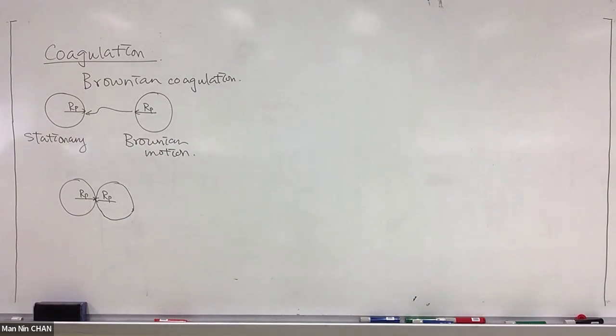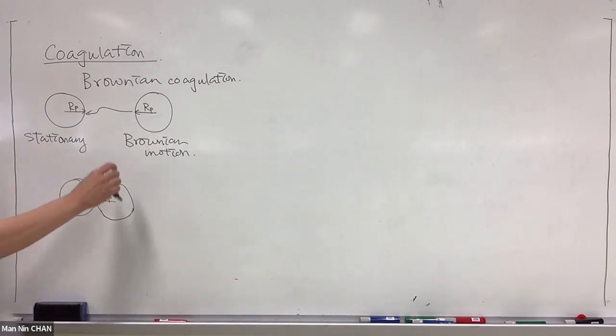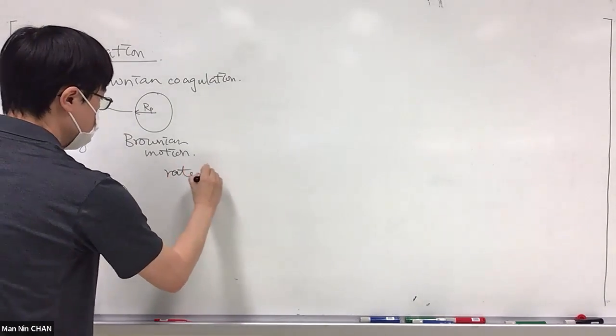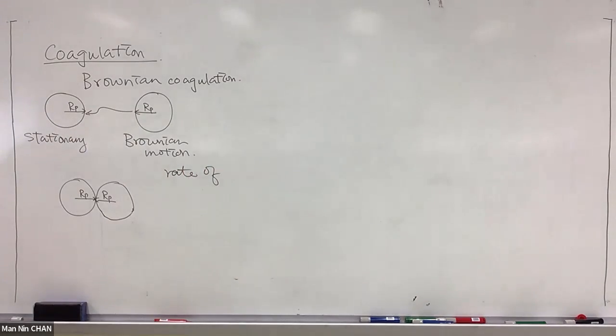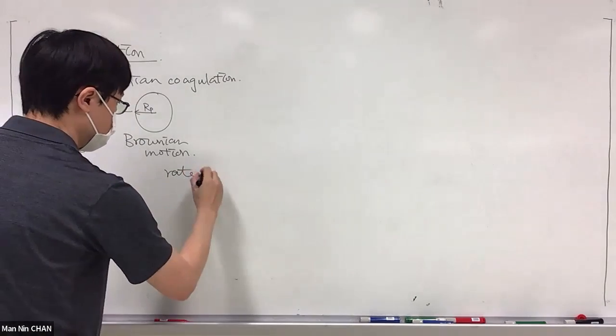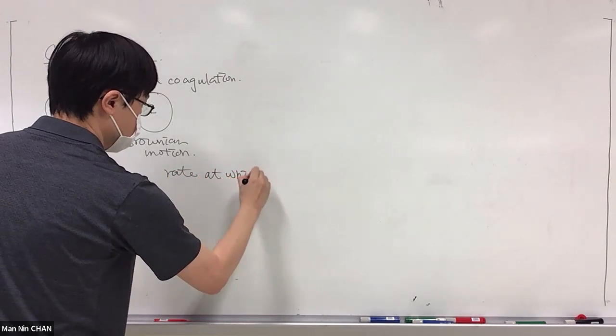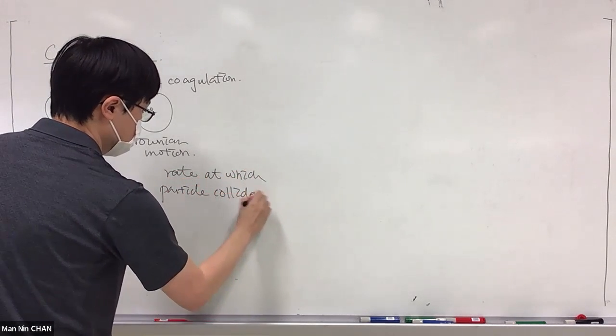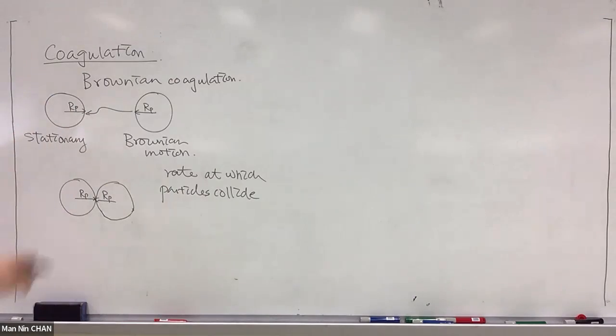Basically, what we try to do now for this coagulation is to look at the rate for this kind of collision, the rate at which the particle collides with this stationary particle.